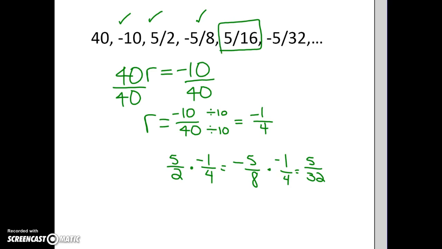I went straight from here to here. So this is not a geometric sequence. Very important that we checked. If we would not have checked, we would have come up and said we had a common ratio, but it wouldn't have actually worked.